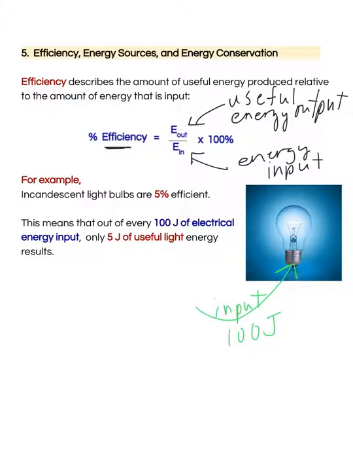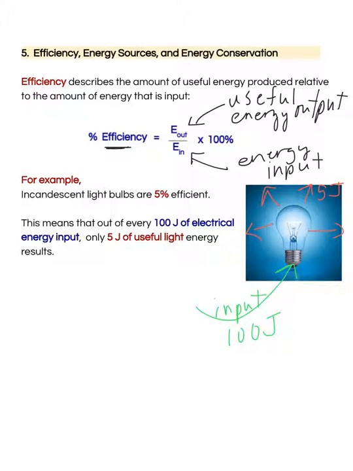Now, in an ideal situation, that would translate into 100 joules of light energy. And of course, we know that incandescent light bulbs are horribly inefficient, and that out of the 100 joules of electrical energy input, we're likely to get about 5 joules of light energy as our output.